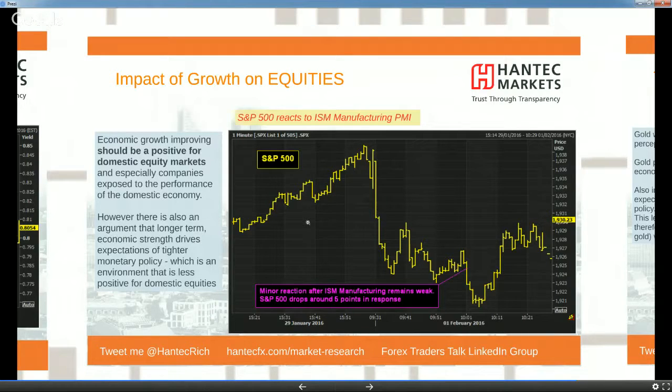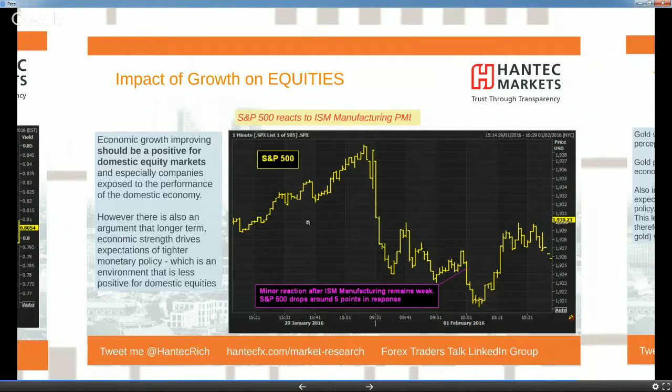Because there are 2 different ways of looking at equity markets, aren't there? You've got the view where you want to see positive, great data, which is good for the economy and generates consumer spending. Therefore, consumer-facing stocks and sectors will perform well. However, on the flip side of that, if you've got very strong growth, then that could lead to a sharp increase in interest rate expectations, and that tends to be negative for equity markets.